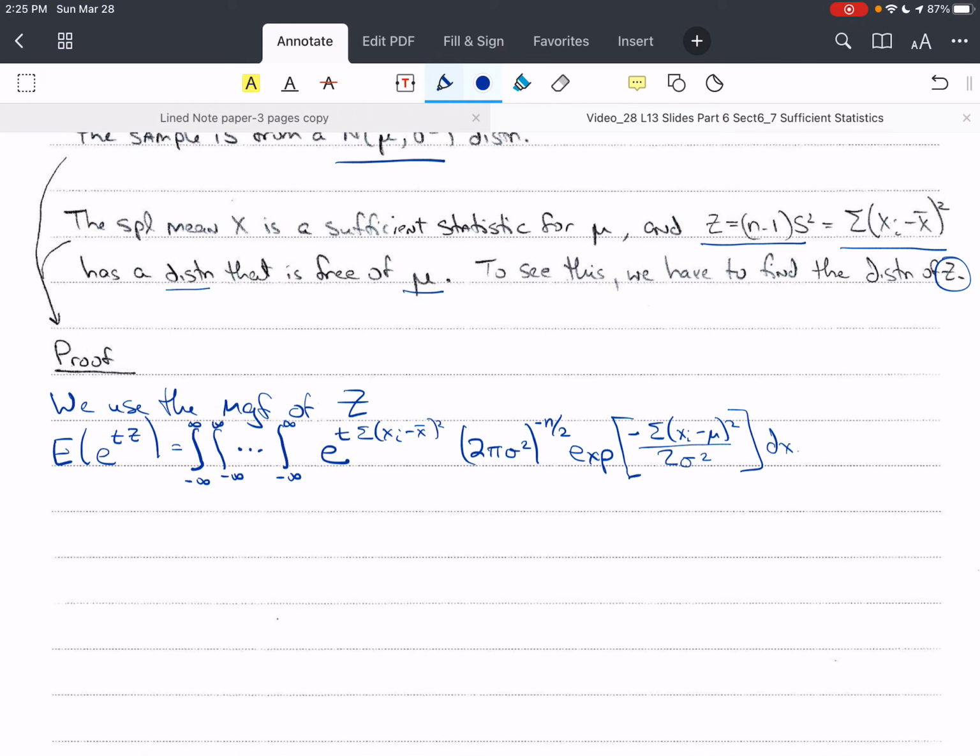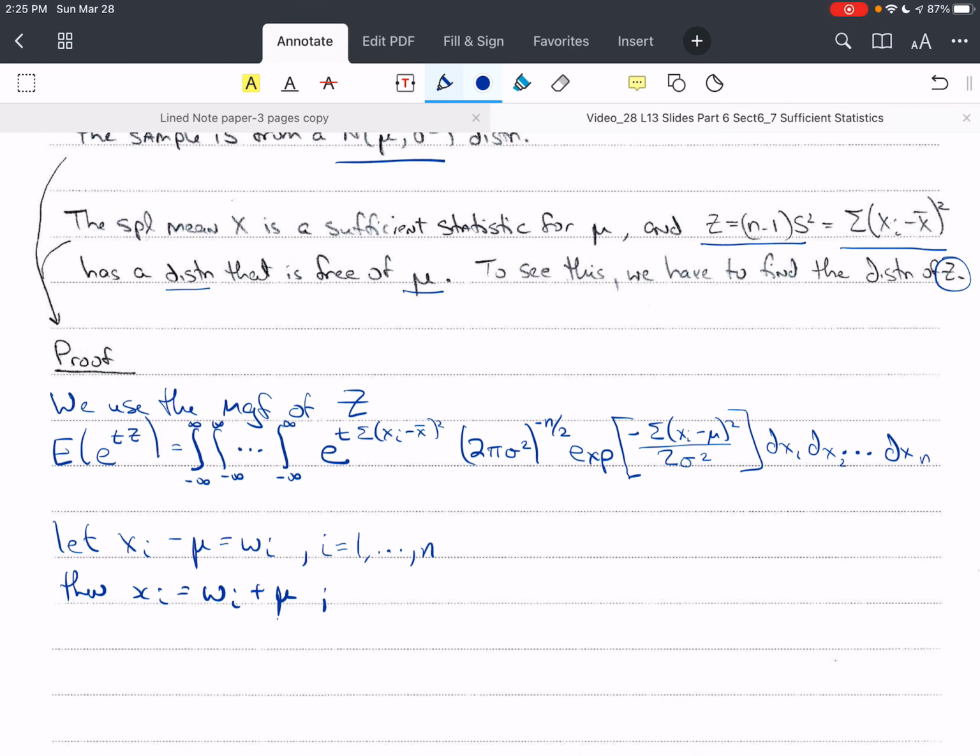Then we have dx1, dx2, dot, dot, dot, dxn. Let xi minus mu equal wi for i equals 1 to n. So we're making a substitution. Then xi equals wi plus mu.